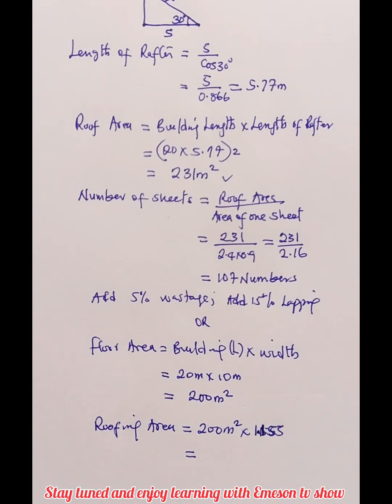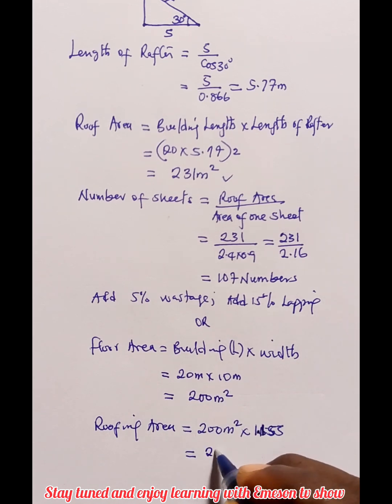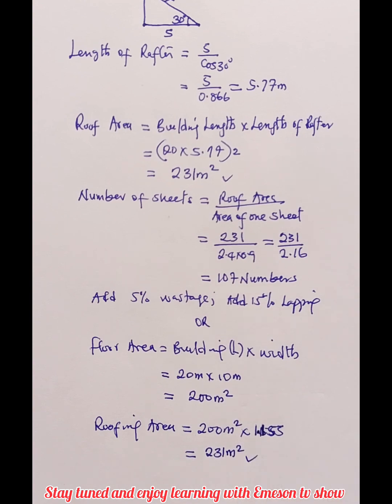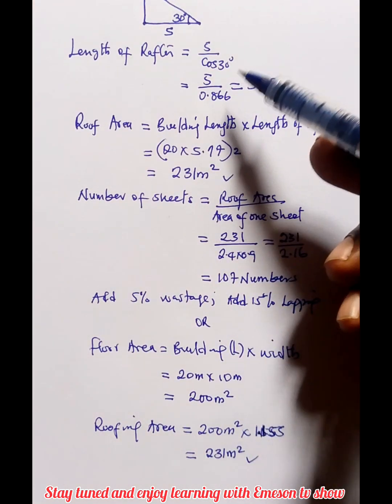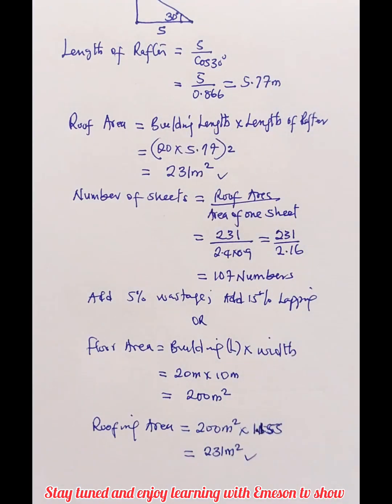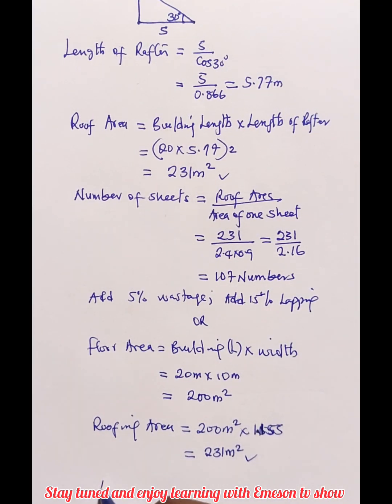So we multiply this by 200. You see that we also have 231 square meter of roofing area, which is still the same thing as when we used the slope to find the length of the rafter. So at this point, you can now calculate your number of sheets.